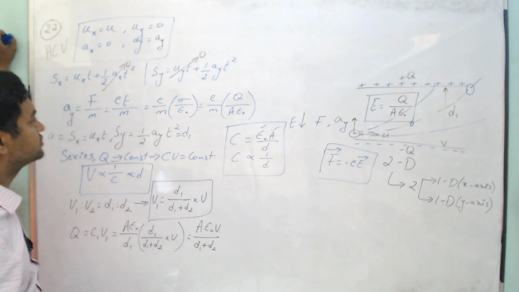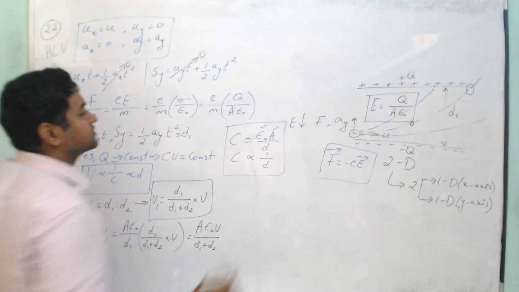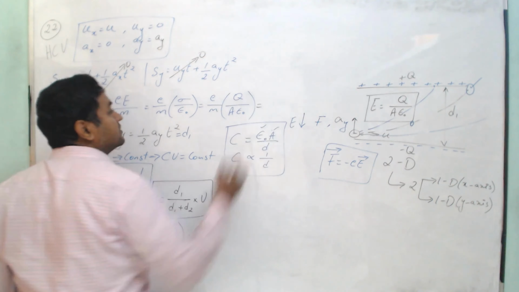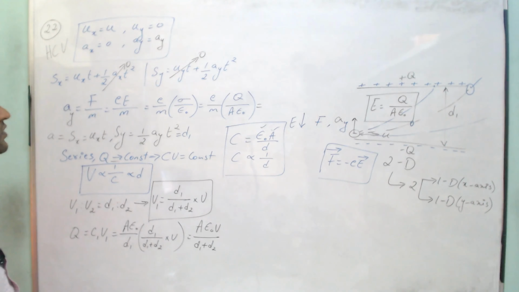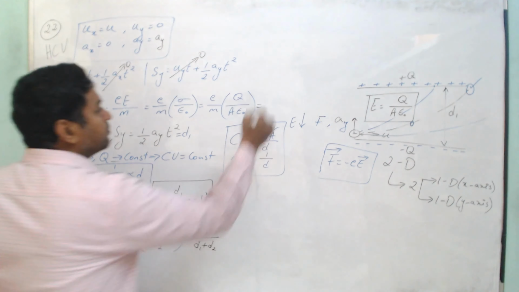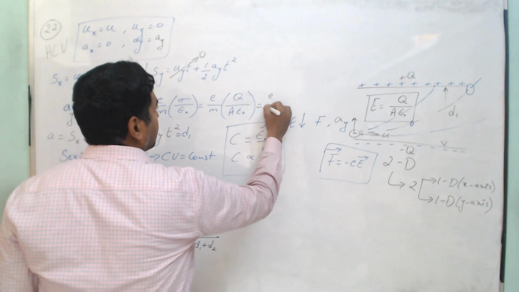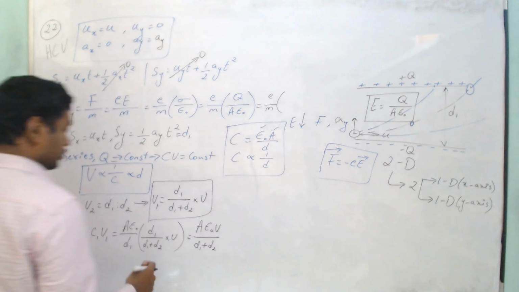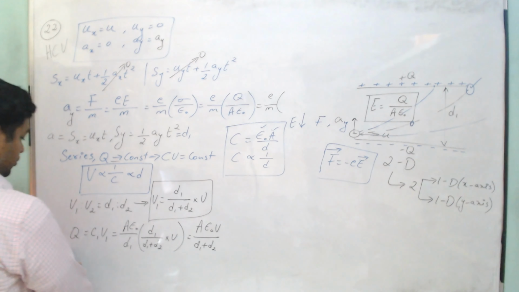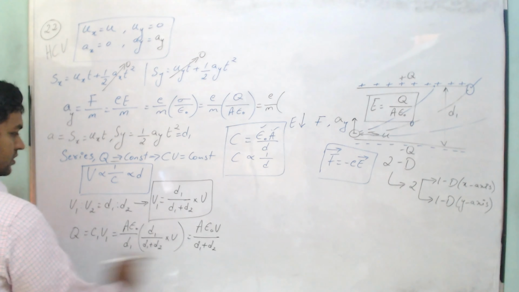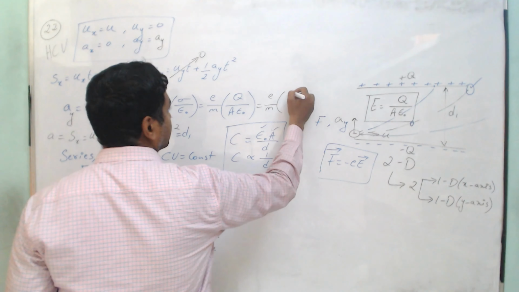I got charge. Why did I get charge? So that I can get this fellow, acceleration. What is acceleration? E by m into Q by A epsilon naught, which is V by D1 plus D2.